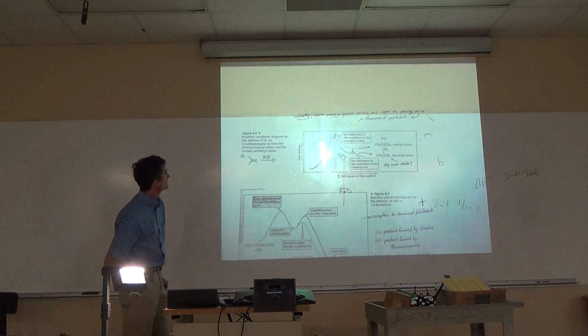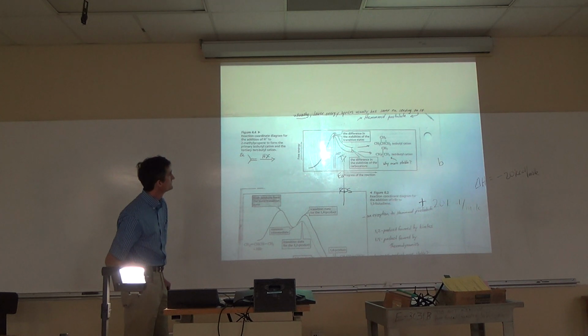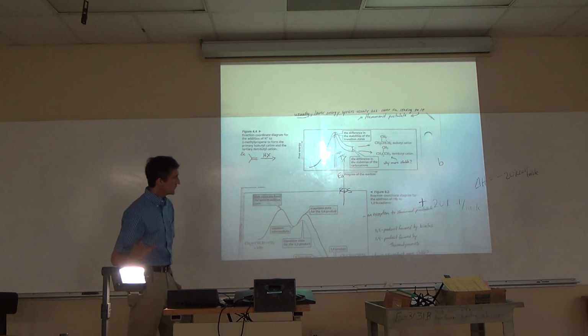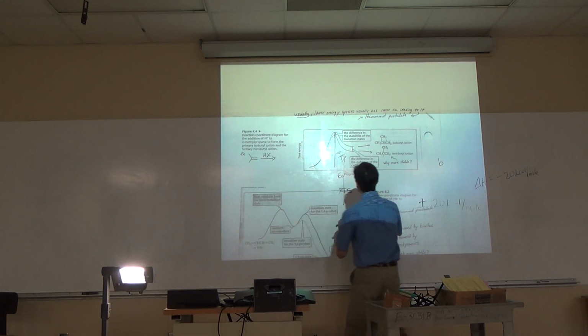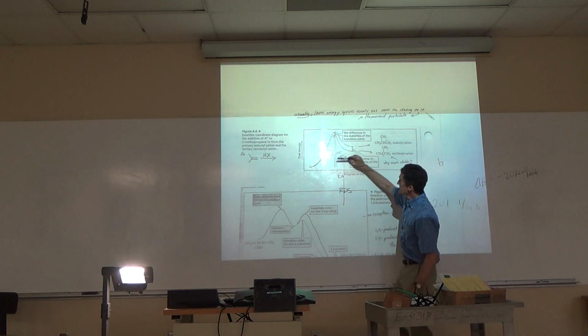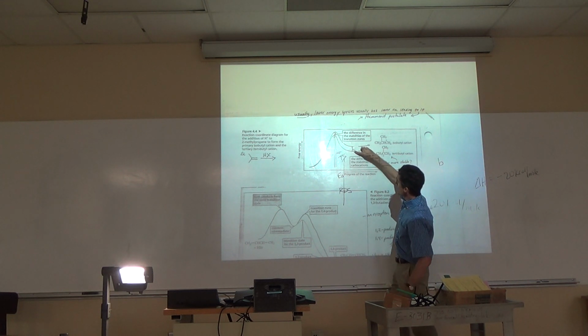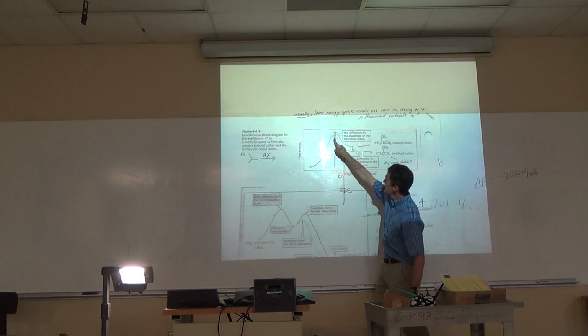Let's look at some others over here. Sort of just what I said is two different intermediates. Usually the lower energy intermediate will have the lower transition state energy. Very common.